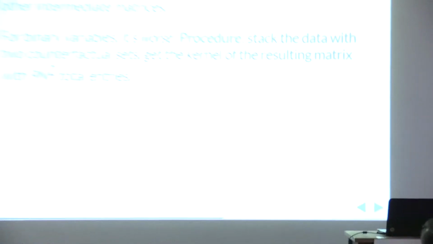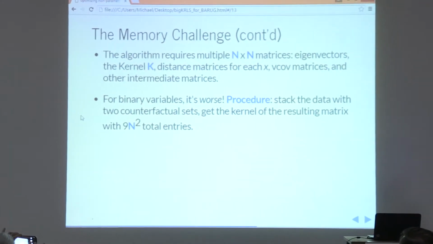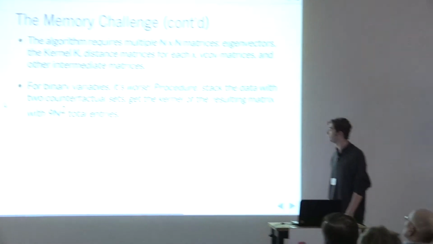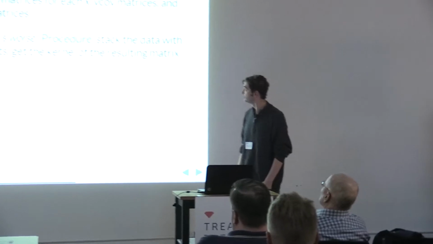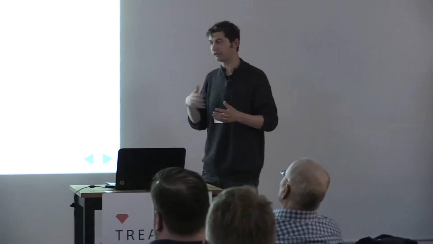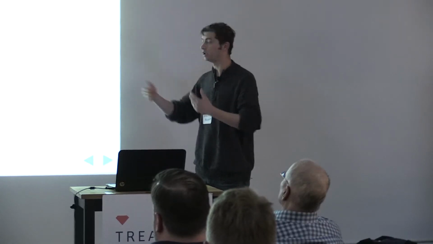Okay, a little bit more specifics about the memory challenge. Just to give a sense, we are playing with a lot of these really large matrices. The eigenvectors, of course. The kernel is also big and slow and hard to get. Even though the kernel is symmetric, by the way, because it's a measure of the similarity between two people.